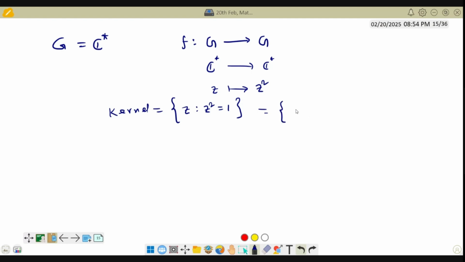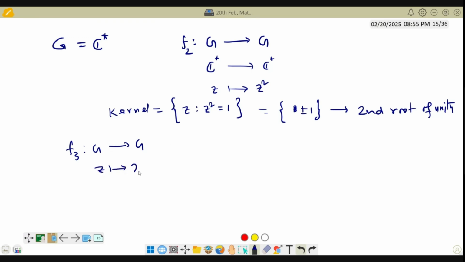This is nothing but the second roots of unity. Let's take this to be f2. Now define f3 from G to G, C star to C star, z goes to z cubed.